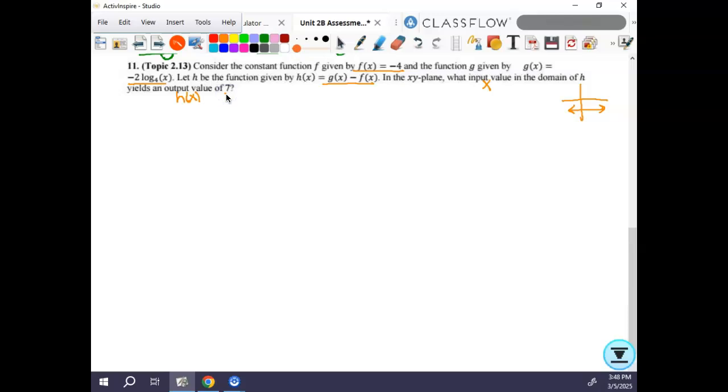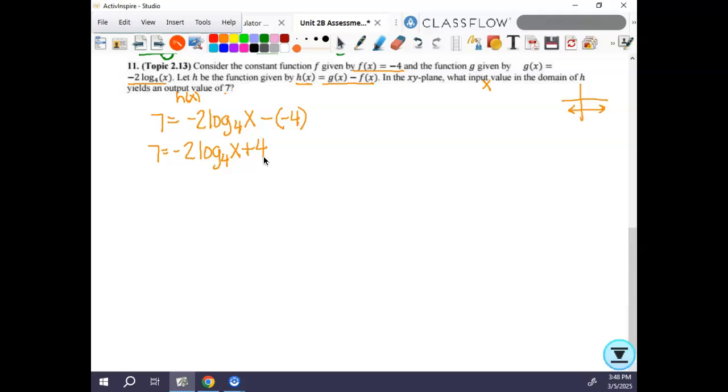Okay? So h of x, which is 7, is equal to g of x, which is -2 log base 4 of x, minus f of x, which is -4. Right? So I just substituted stuff in. So 7 is equal to -2 log base 4 of x plus 4.